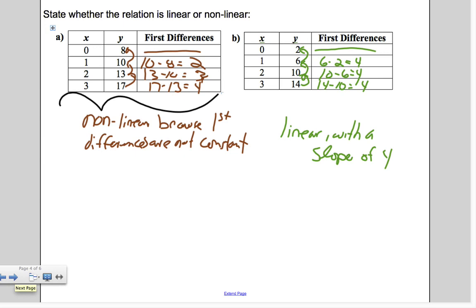So here's a question. Same table, the right one. All of a sudden we find out the data for x equals 5 is 18. Now it's not linear, because x isn't increasing gradually.